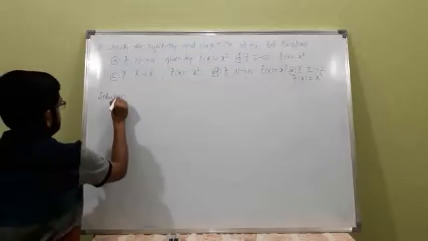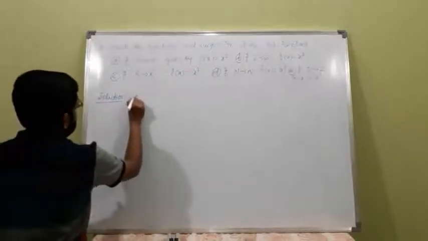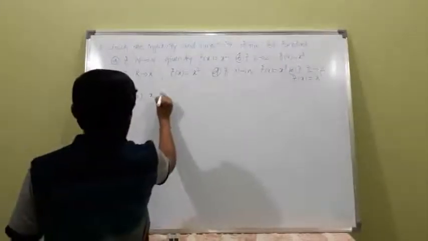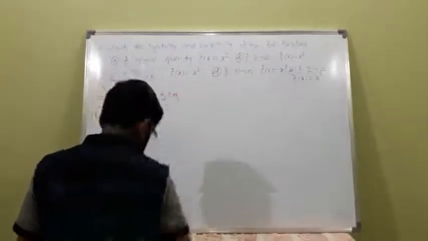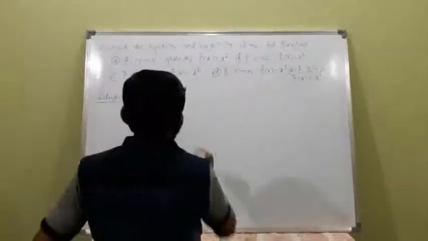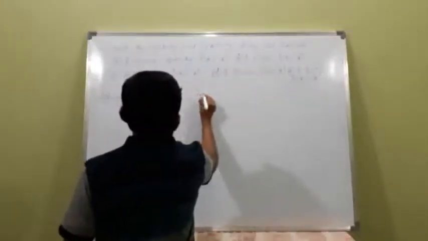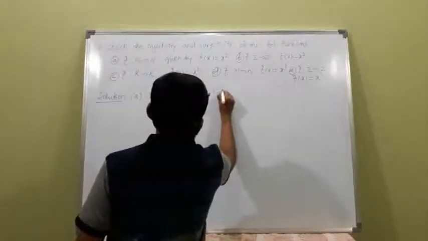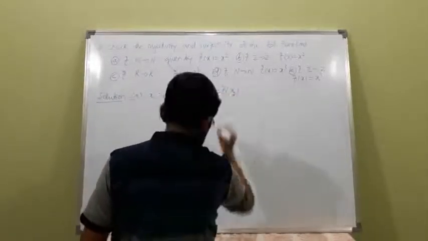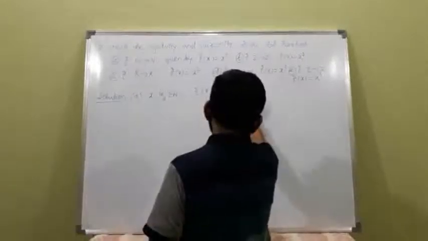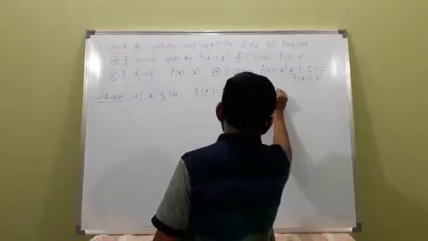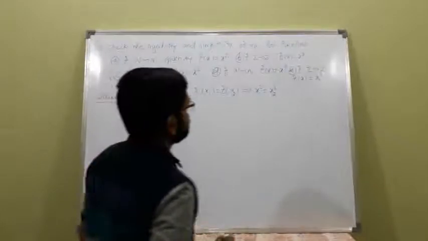Solution for part A. As x1 and x2 belong to the set of natural numbers, f(x1) is equal to f(x2) implies x1 square is equal to x2 square. f(x) is x square.